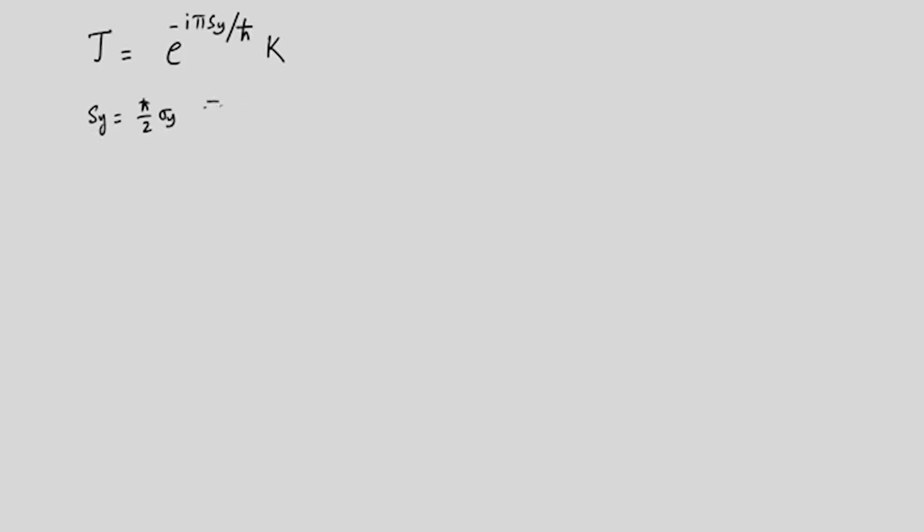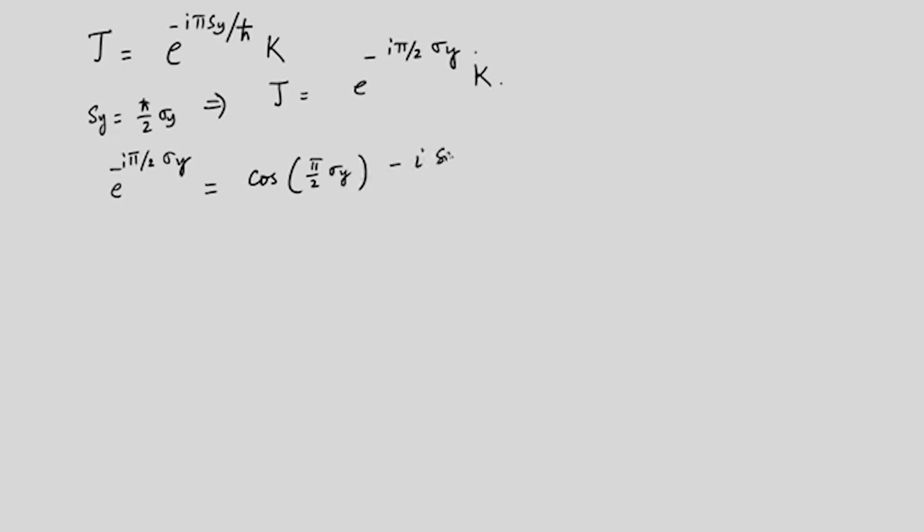So, if we do that, then this operator will be exponential minus i pi by 2 sigma y, and of course we will have to multiply by K. So, let me deal with this for the moment, and this is easy to work out. We can write this as cosine of pi by 2 sigma y minus i sine pi by 2 sigma y.